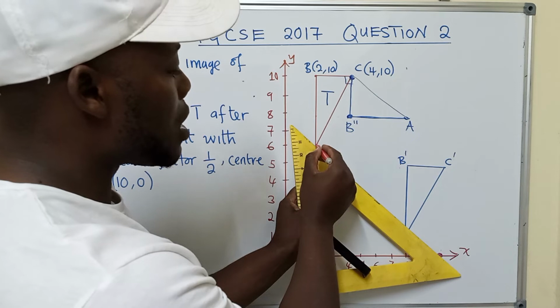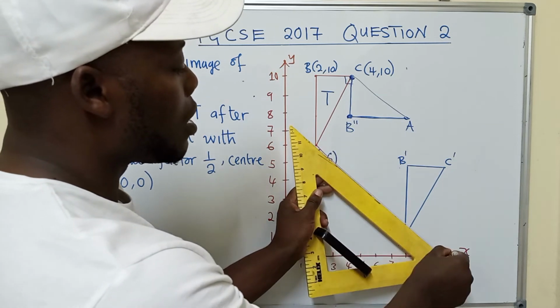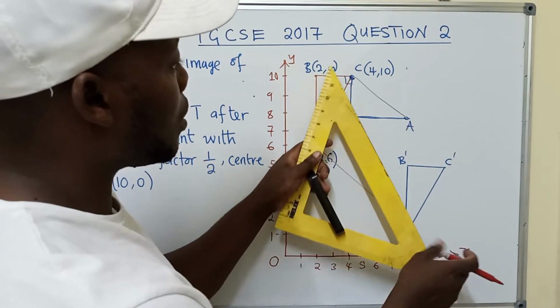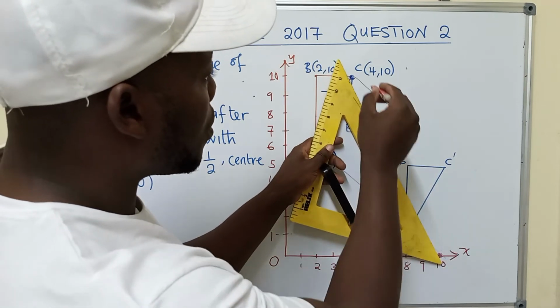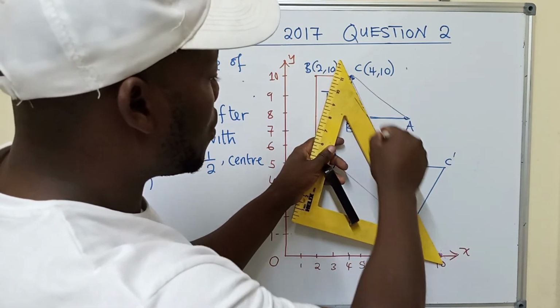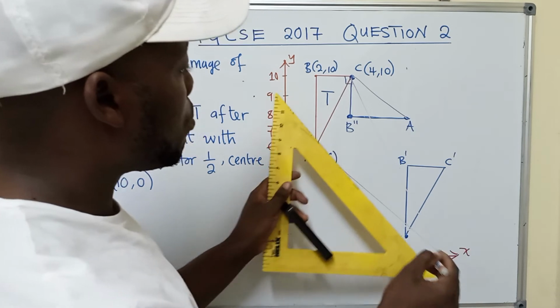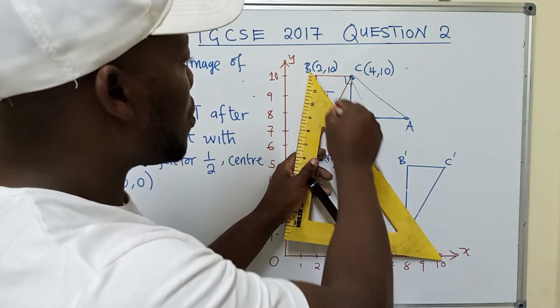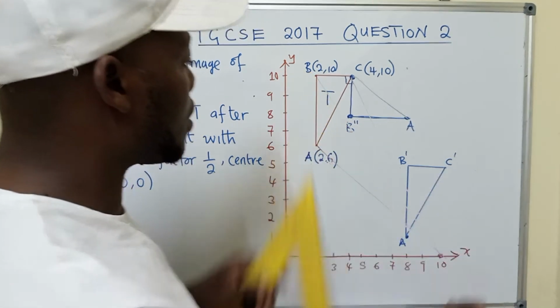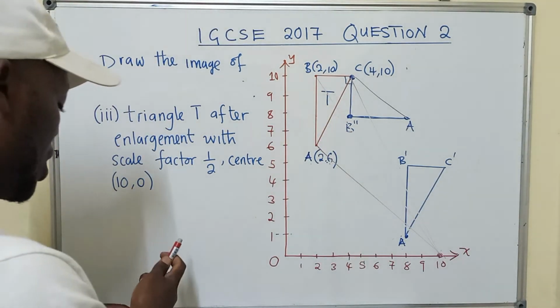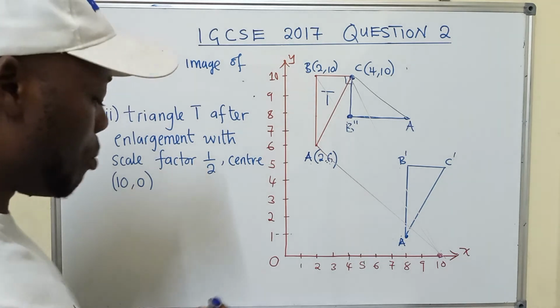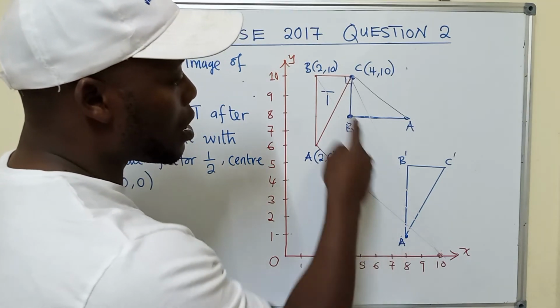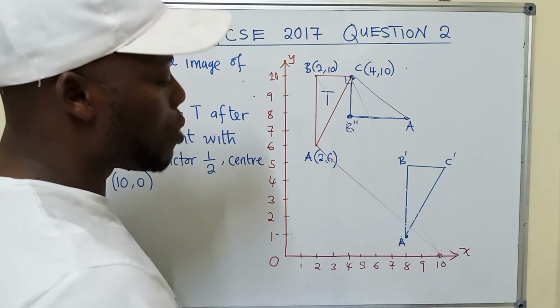So point A here to the center, point C also to the center. We're just joining the points here. Point B, the same to the center, like that. After joining these points, hopefully you're able to see all the points joined to the center.